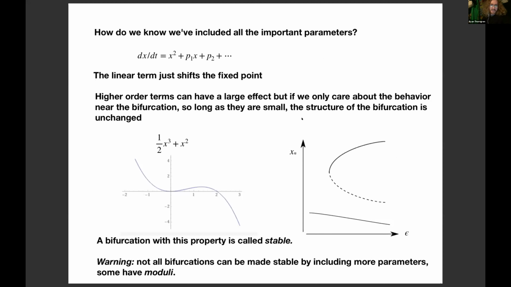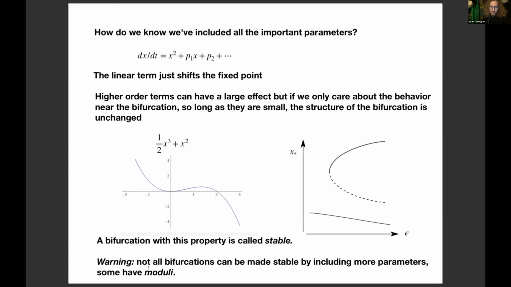It's hard to argue in general, and in fact, you can't argue it in general. As you get to bifurcations with more and more parameters, you find that they're not all stable, or they can't even be made stable, which is to say there will always be some parameters such that the topological features of the bifurcation diagram can change continuously.